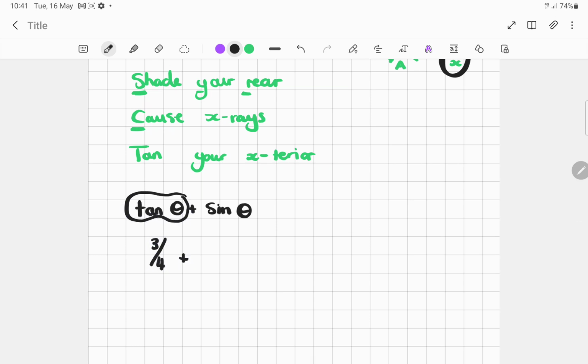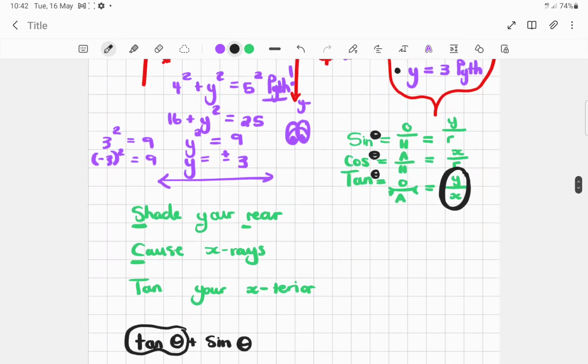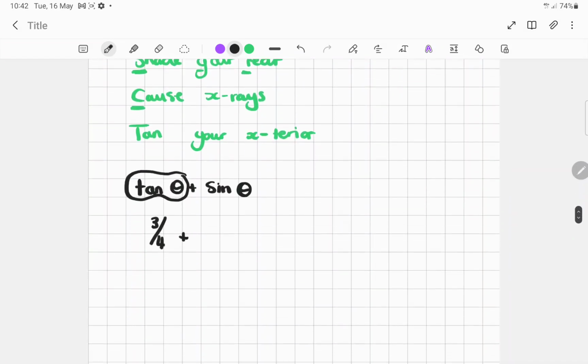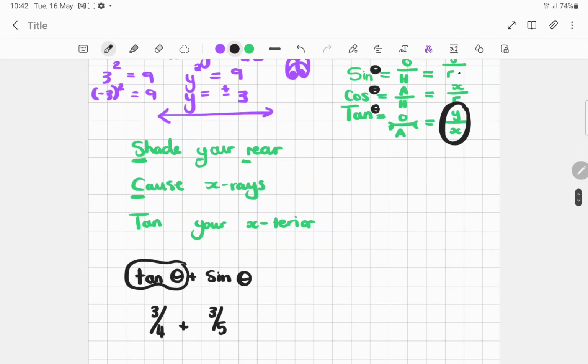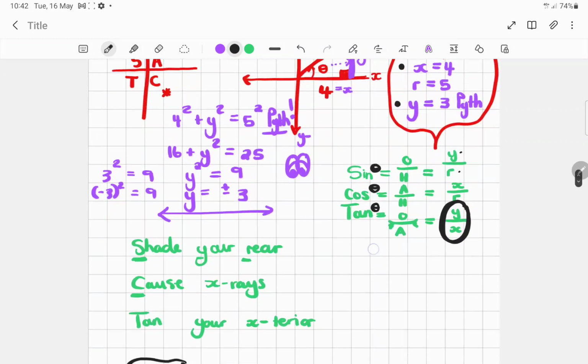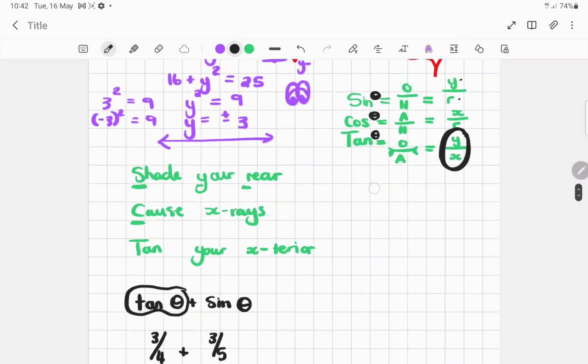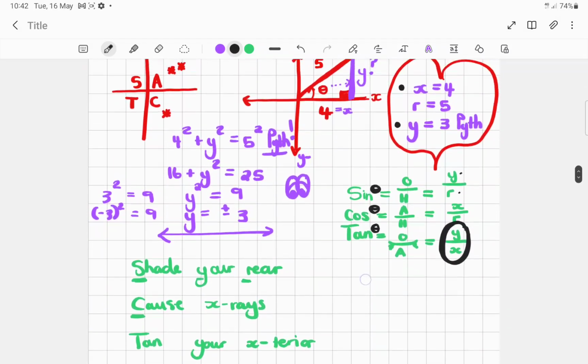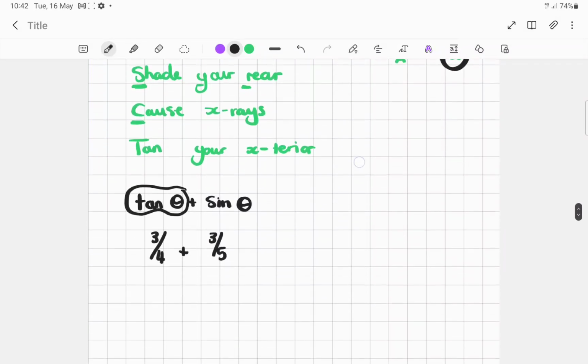And that's how we worked it out without the use of a calculator and with the aid of a diagram. And sine theta, shade your rear, is 3 over 5.